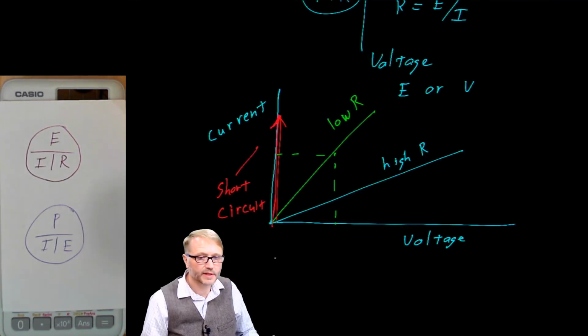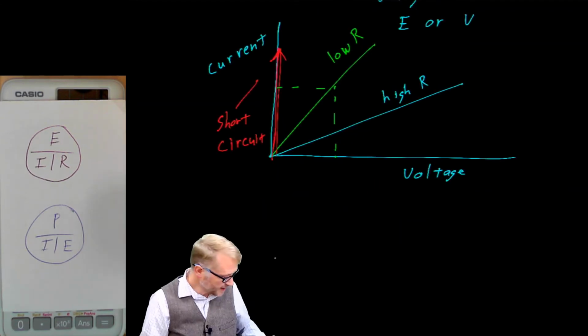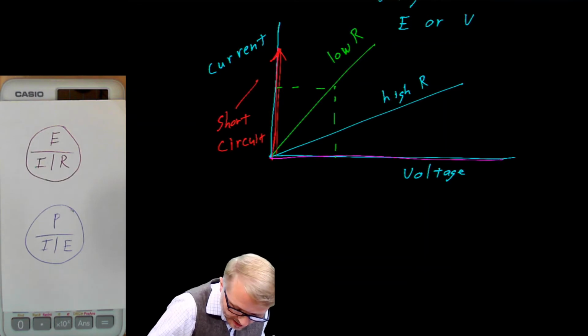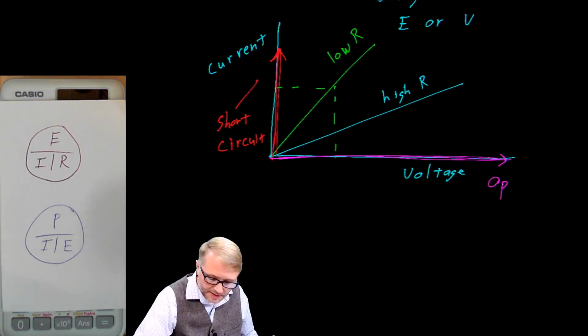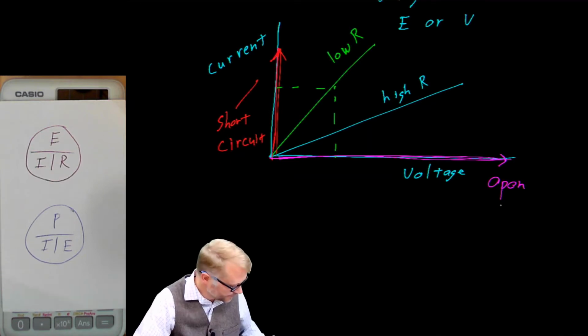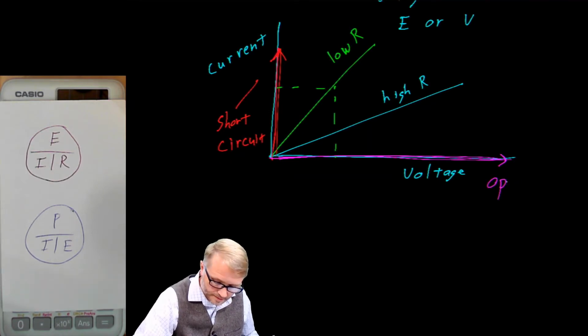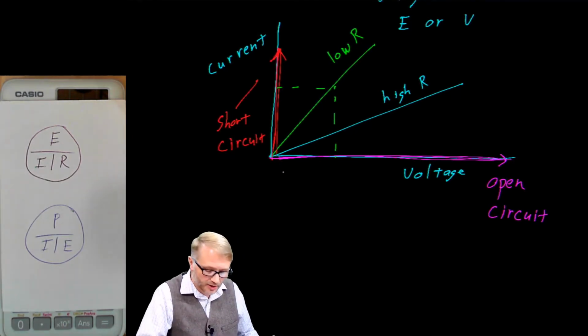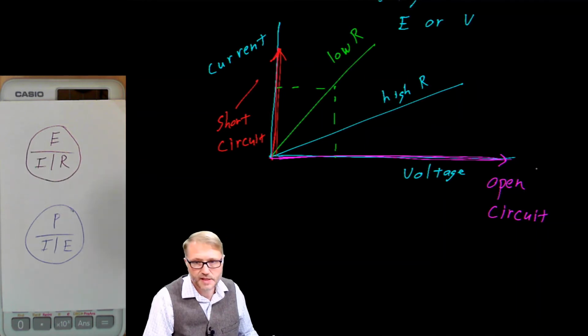And the other extreme is this one, where we're on the horizontal. And we would call that an open circuit. In a short circuit, the current is infinitely high, but there's no voltage. In an open circuit, the voltage can be very high, but there's no current.